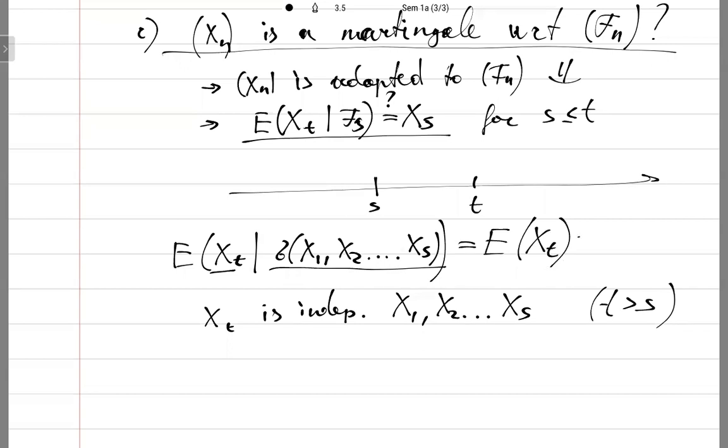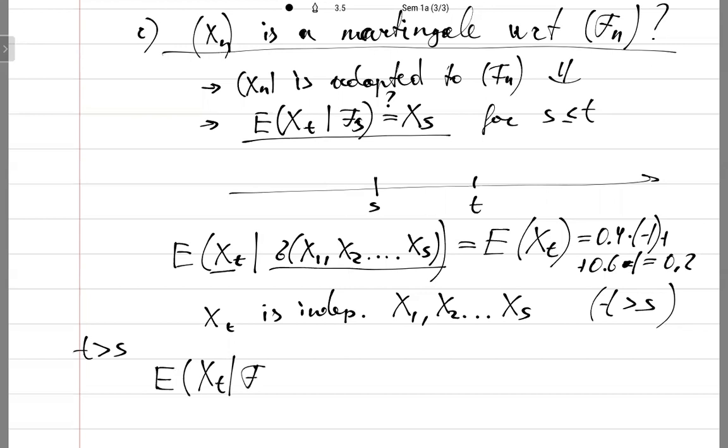But the expectation of xt is 0.4 times -1 plus 0.6 times 1. It's 0.2. And so we have proven that for t greater than s, the expected value of xt given Fs is just 0.2.